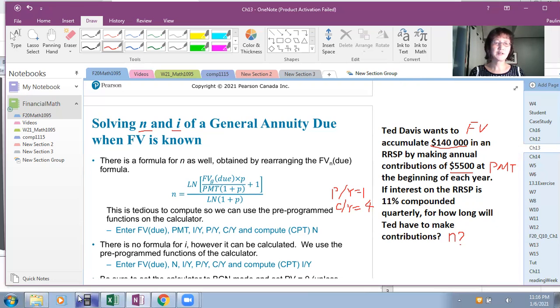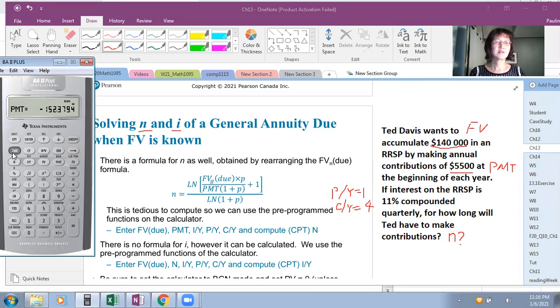One, I will use the calculator. So second, quit. Make sure your calculator is in begin mode. And then second, PY. PY is 1. Enter. Down arrow key, CY is 4.